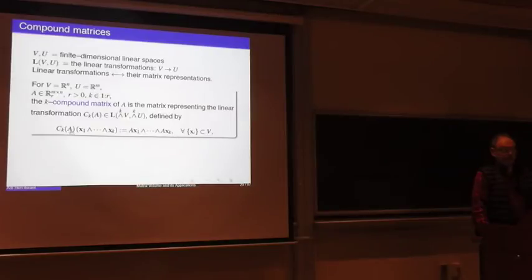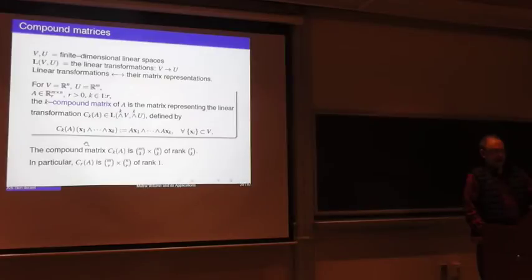So what linear transformation is responsible for this? And this is represented by something called the kth compound matrix of A. And it is a matrix, if A is m by n, this matrix is m choose k by n choose k, and the rank is r choose k. r is the rank of A. So in particular, the rth compound is of rank 1, because then we have r choose r.